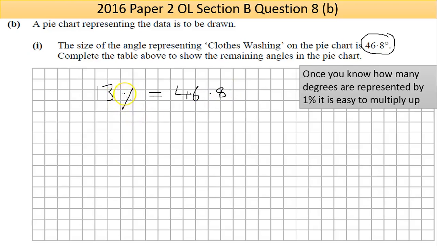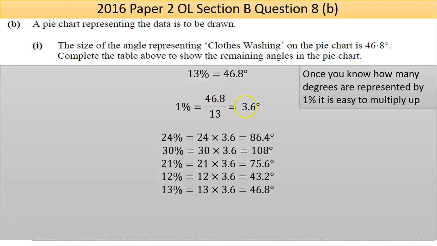So now if you want to find out what 1% equals, just use algebra here. You divide both sides by 13, and you end up with 1%. Now it goes to the answer here. You're going to end up with 1% equals 3.6 degrees.